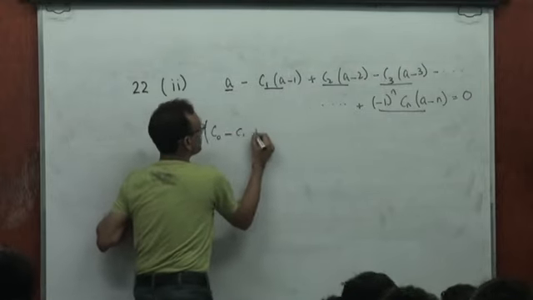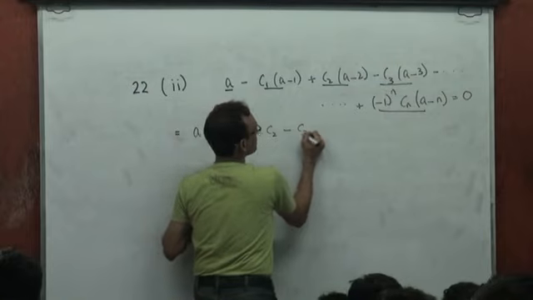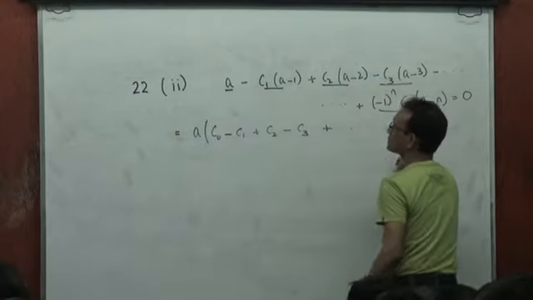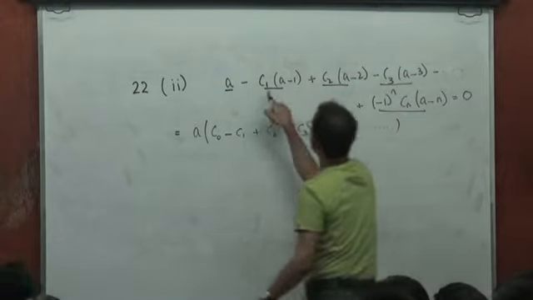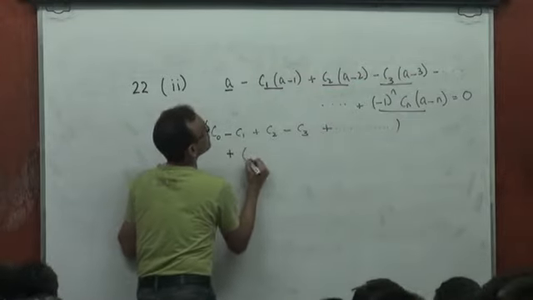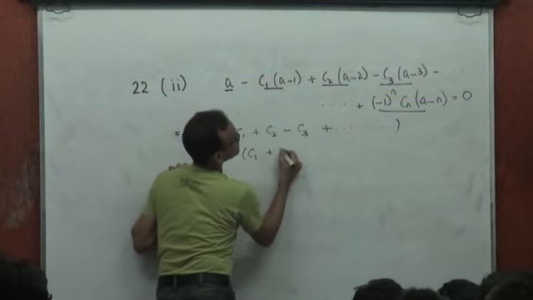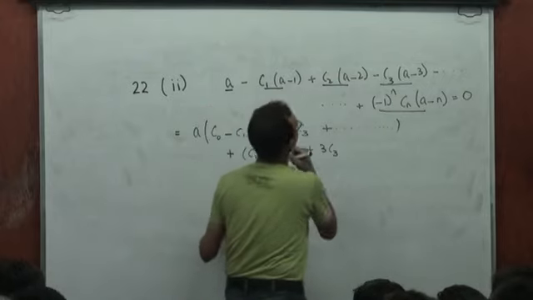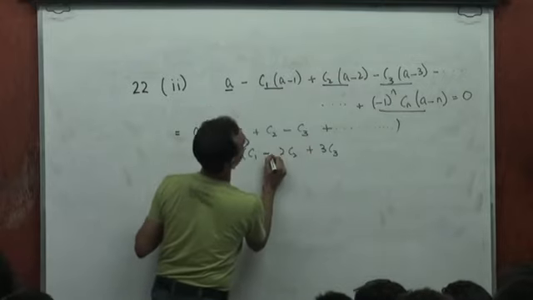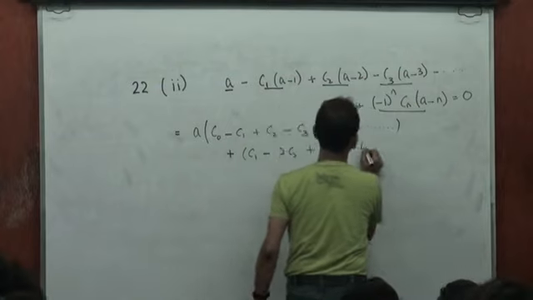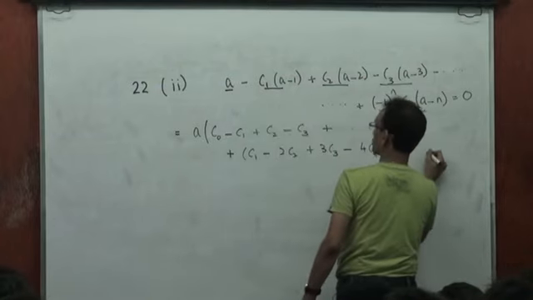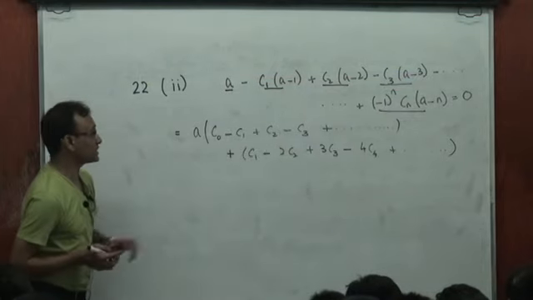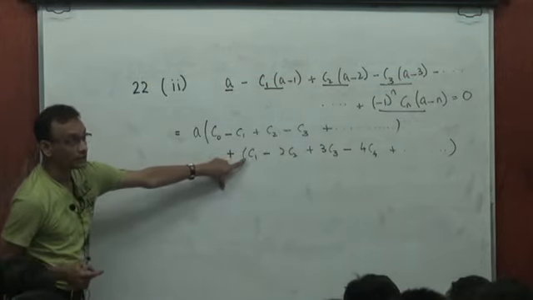Minus C1 plus C2 minus C3, etc. These are terms with A. Terms without A are C1 minus 2C2 plus 3C3 minus 4C4 and so on and so forth. These are terms that don't contain A, right?